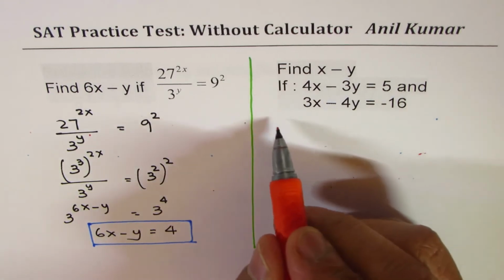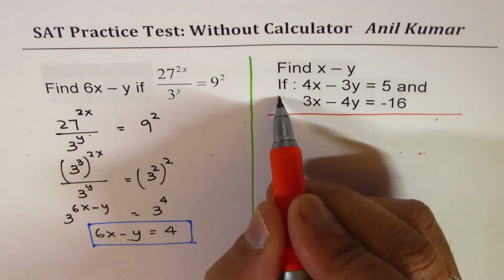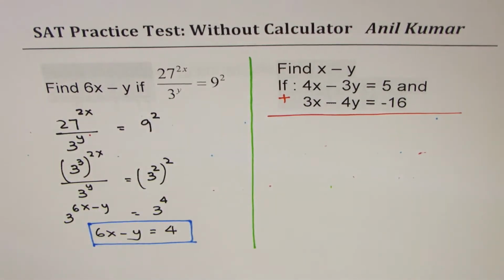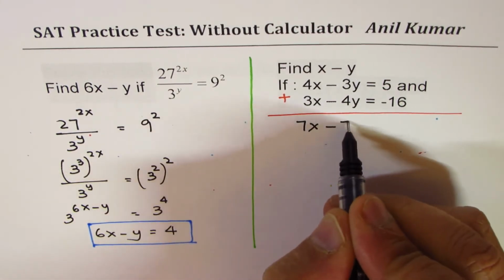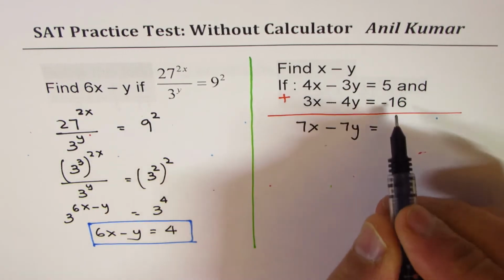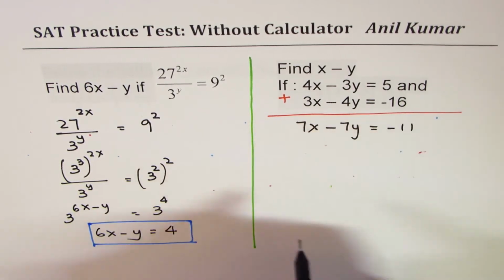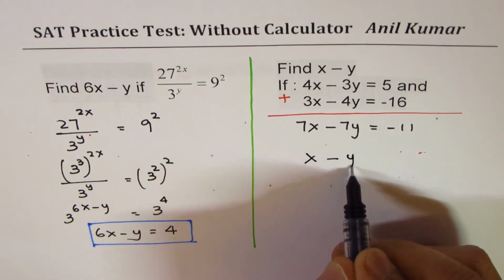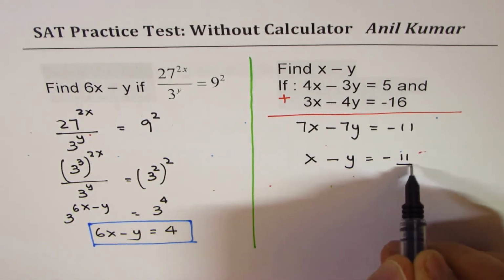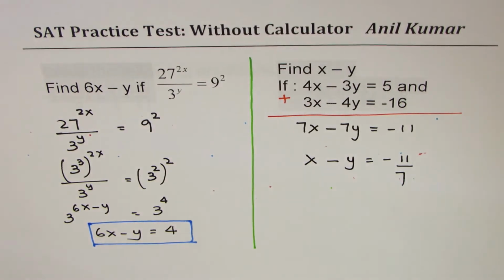You will observe that if you add these equations, then what do you get? If you add, you get 7x minus 7y equals minus 11. Now dividing by 7, you get x minus y equals minus 11 over 7.